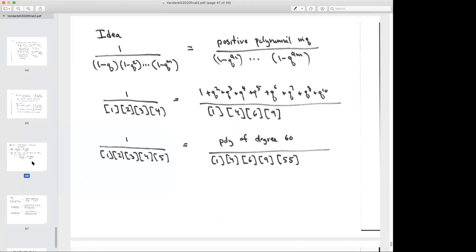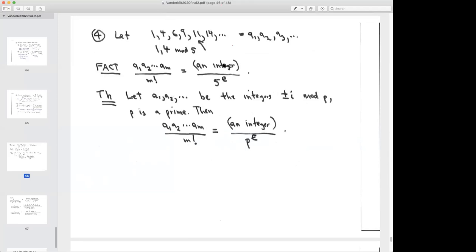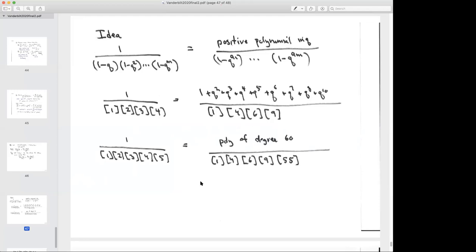That numerator polynomial is closely related to this numerator integer. You can interpret this numerator polynomial for small values of m as partitions with parts 1, 4 mod 5. So that begins to give a Rogers-Ramanujan bijection.